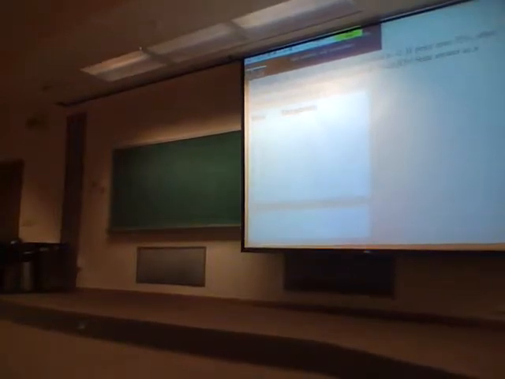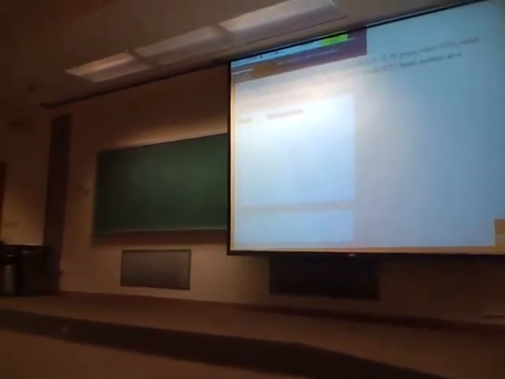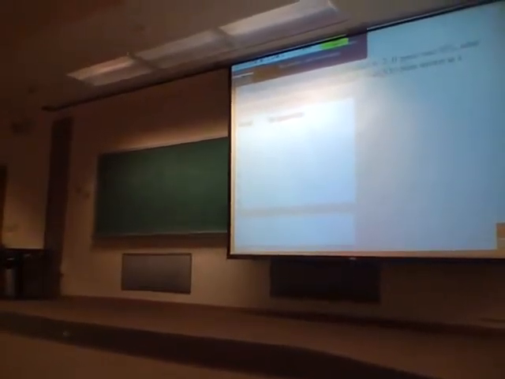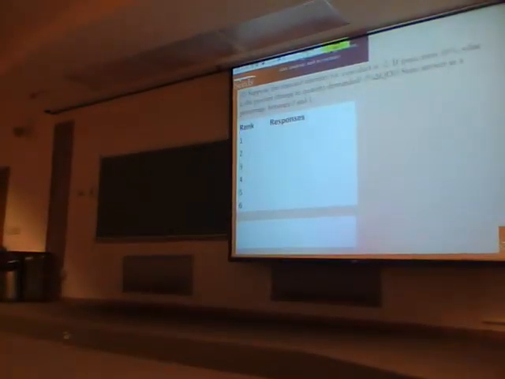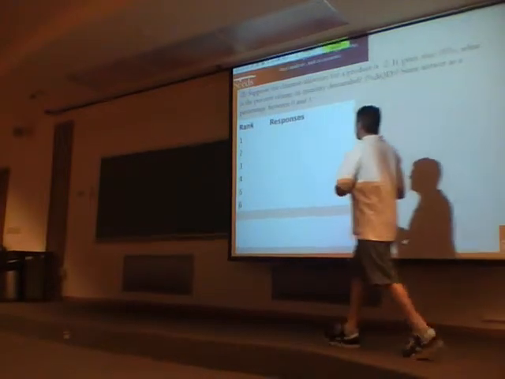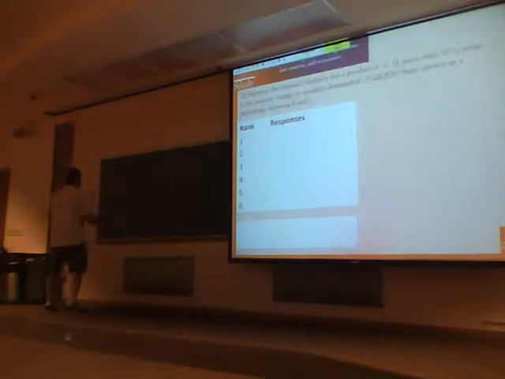This one's exactly like number 2, just with different numbers. Demand elasticity is -2 and the price rise is 35%. What's the percent change in quantity demanded?